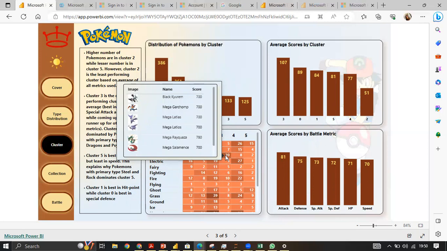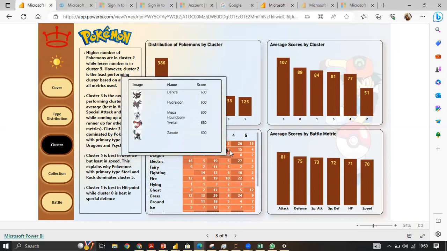And we are getting something. I would like you to also see what I'm seeing, that there are sets of Pokemons that are megas. Like I have a Mega Rayquaza. There is a typical Rayquaza. So the megas are dominating this cluster 3.